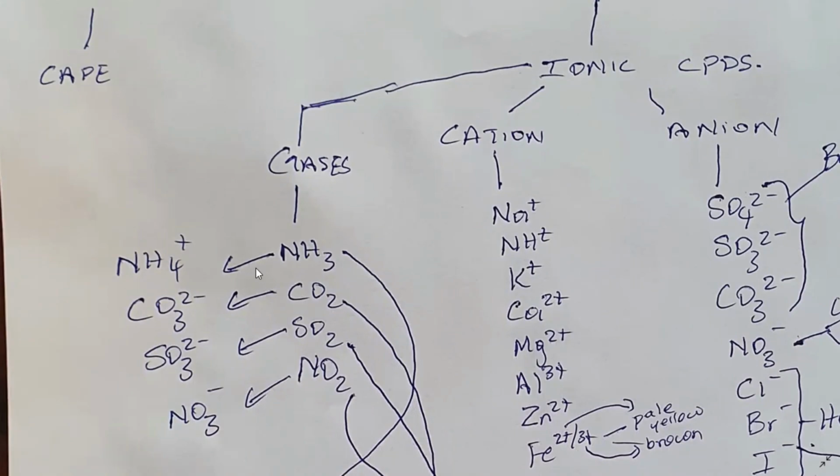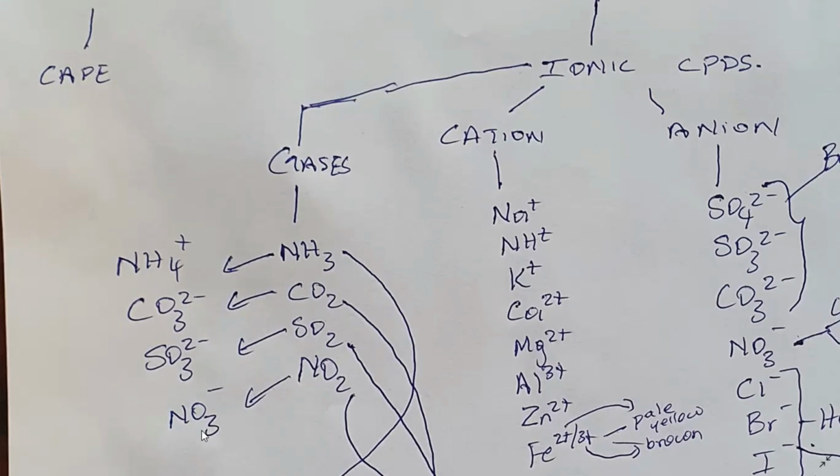You have to use all the pieces of information you have to determine which cation and which anion is present. So if you get ammonia gas, that gas must have come from the ammonium ion. There's nothing else it's going to come from. If you get carbon dioxide, it's going to come from the carbonate ion; sulfur dioxide, the sulfite ion; and NO2, you're going to get that from the nitrate ion.